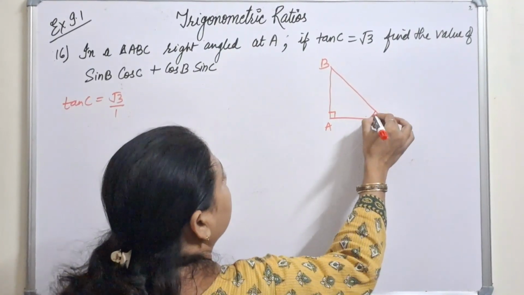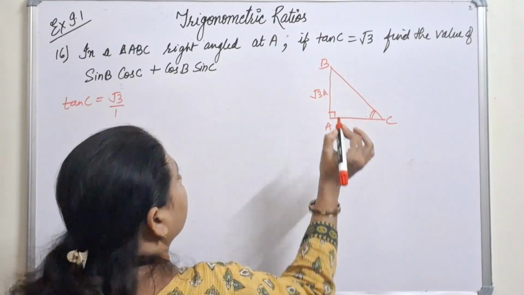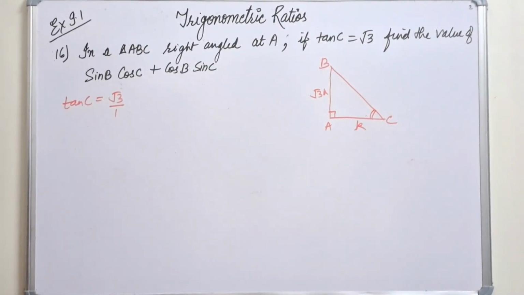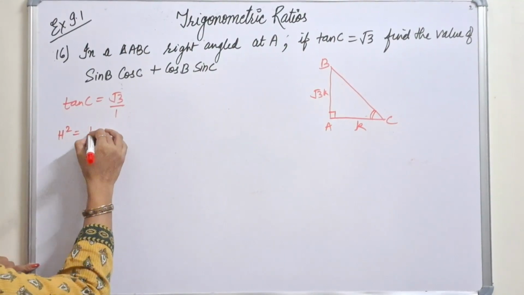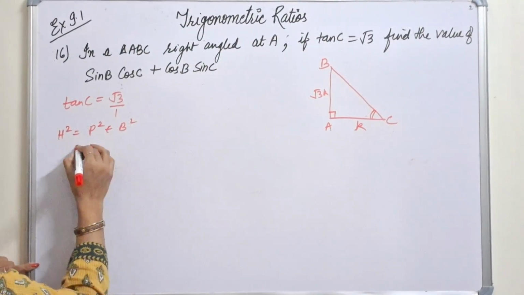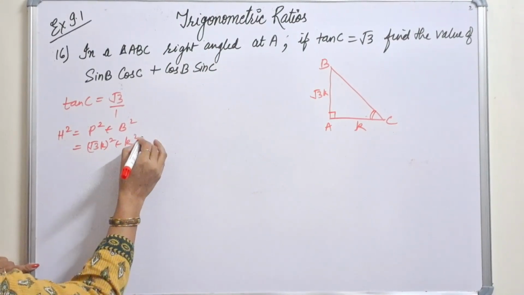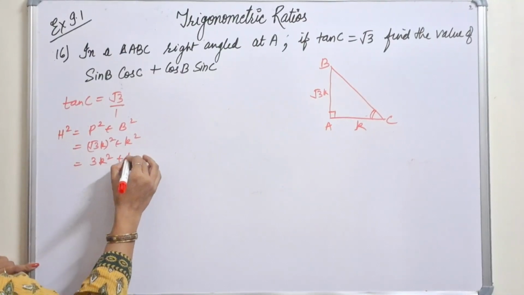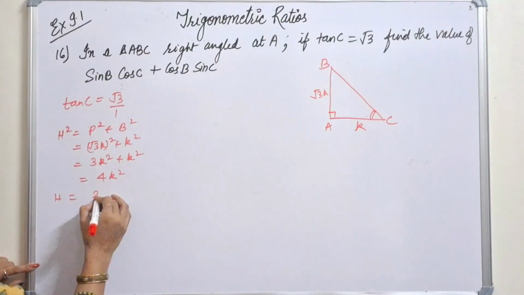Means with respect to C, perpendicular is root 3k and base is k. We'll find the value of hypotenuse, that will be p square plus b square, that is under root 3k whole square plus k square. So 3k square plus k square, that will be 4k square. So hypotenuse will be 2k.